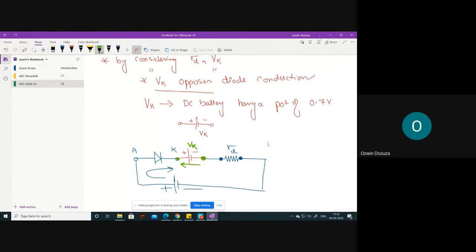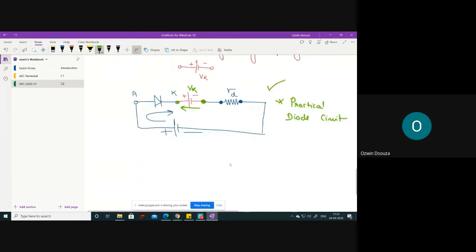So you can say that this is the correct equivalent circuit for a diode. So this is your practical diode circuit.